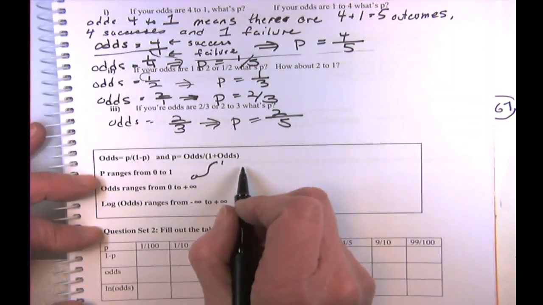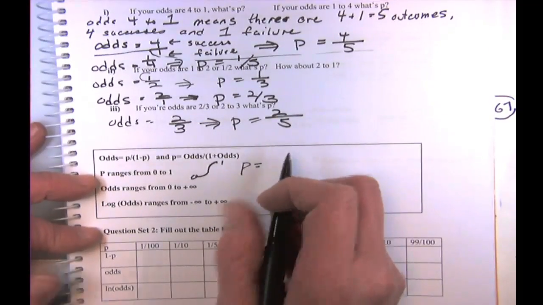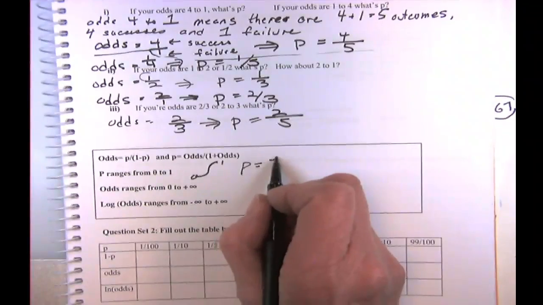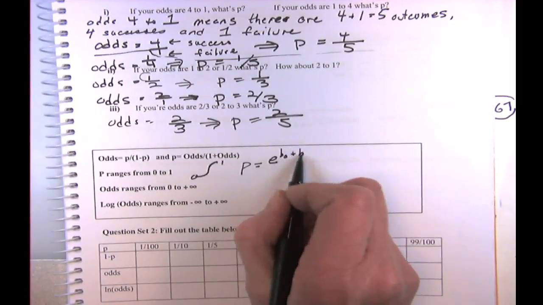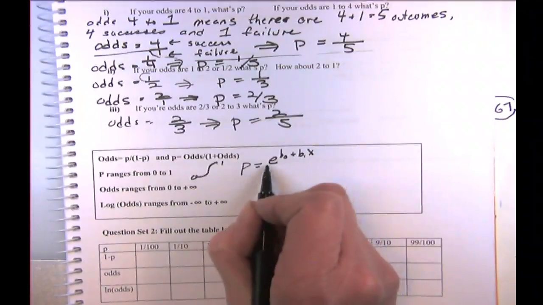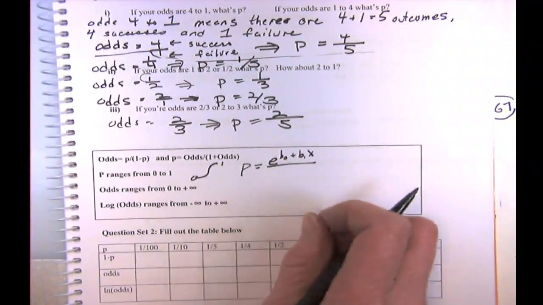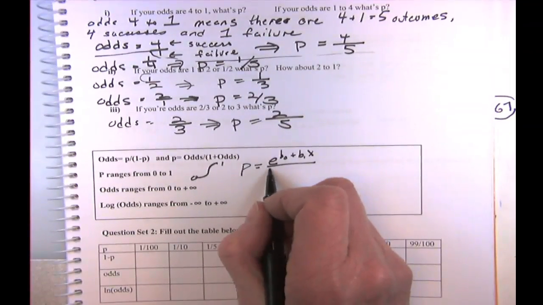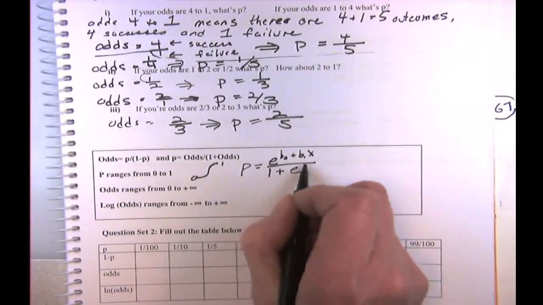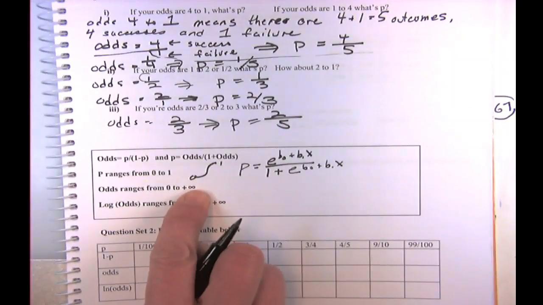The equation that works for us, because it's linear in the log odds, is e to the beta naught plus beta 1x, over 1 plus that. So that's the equation for the curve we're using.